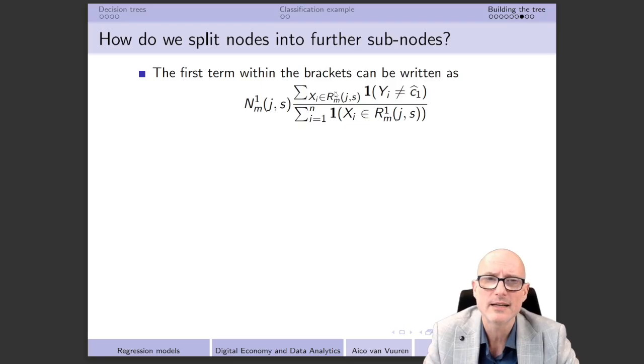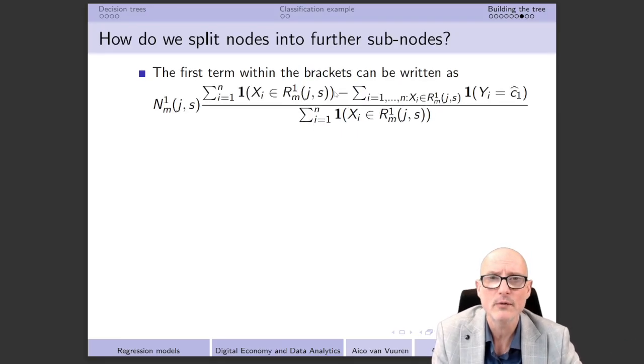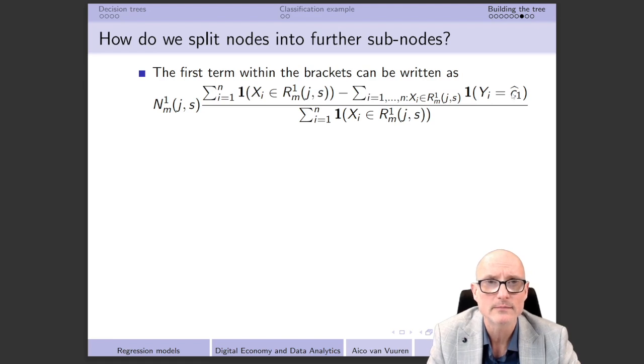We should realize that that is of course equal to the number of observations that we have in our subspace R1-MJS minus the number of good predictions that we make. So we can also write it in this format that we have over here. This is the number of observations that we have in R1-MJS minus the number of good predictions that we make, for which yi is equal to C1 hat.